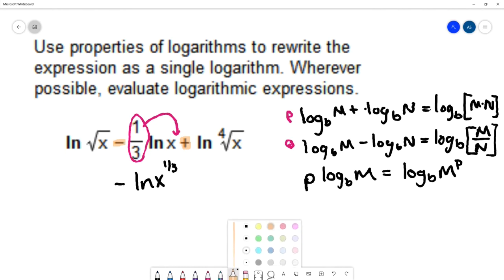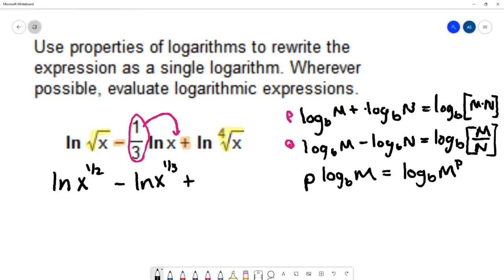So one of the things you want to remember is that when you have radicals, that's the same thing as the fractional power. So we can write the square root of x as x to the 1/2 power. And we can write the 4th root of x as x to the 1/4 power. So now all of them are using the same format with the powers instead of the radicals.